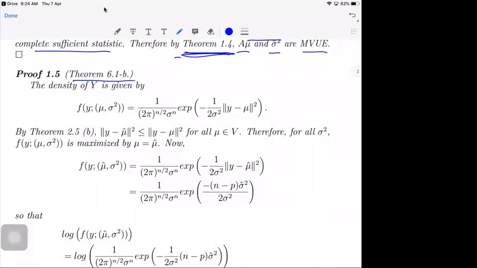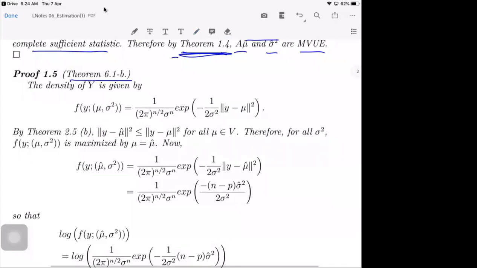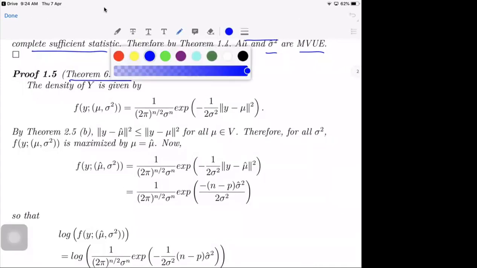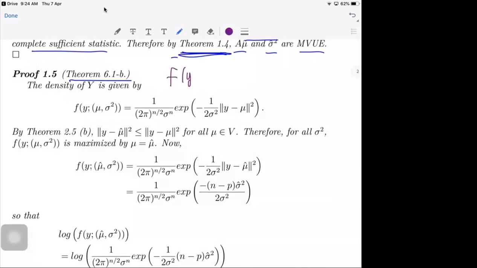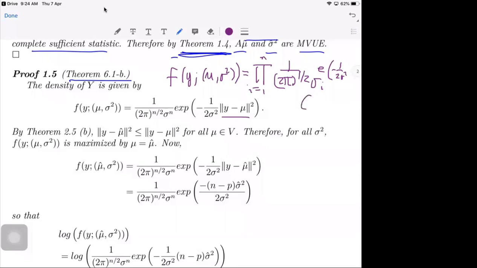So each of the y are normally distributed so that the density function of mu, sigma hat is the product for each, no? 1 over (2 pi)^(1/2) sigma, i from 1 to n, exponential of negative 1/2 sigma squared times the difference y_i and mu_i.